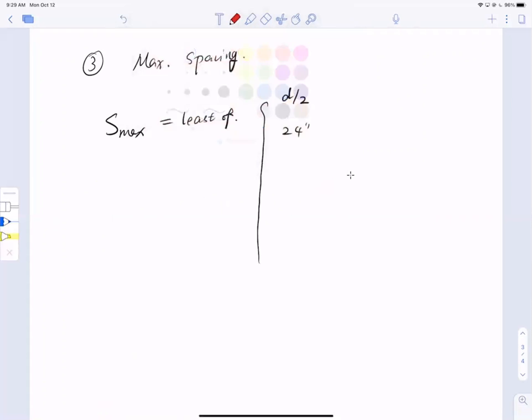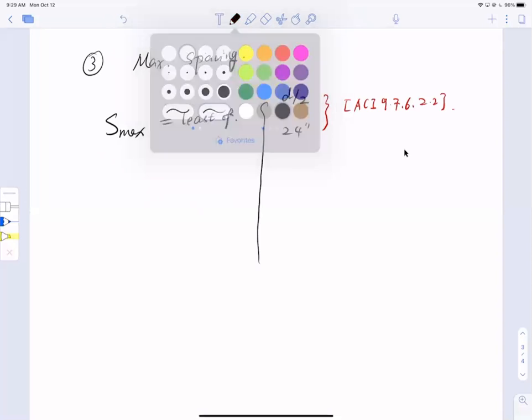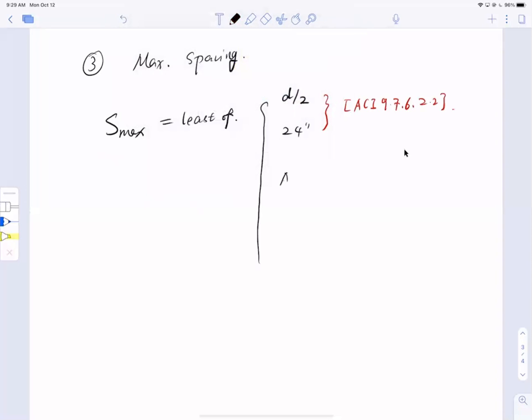These come from ACI 9.7.6.2.2. It also has to be smaller than AV FYT divided by 0.75 square root of f prime c bw, or AV FYT divided by 50 bw.